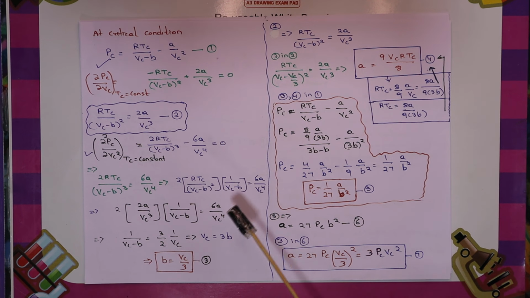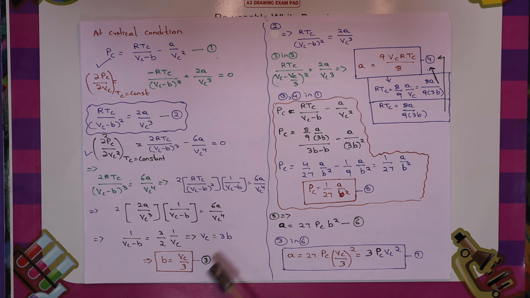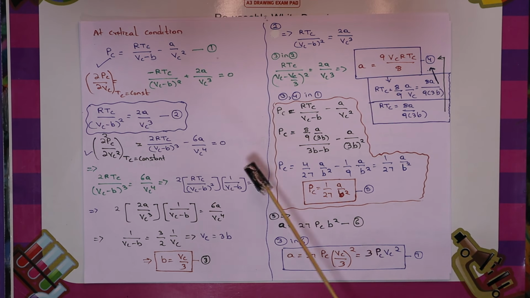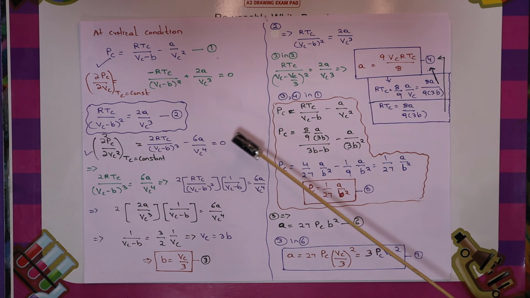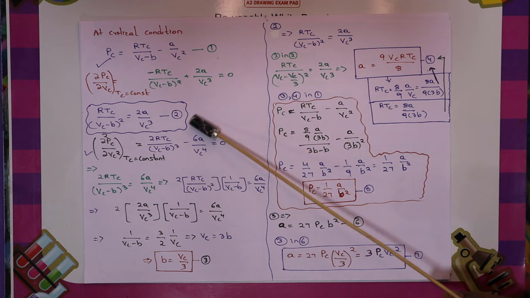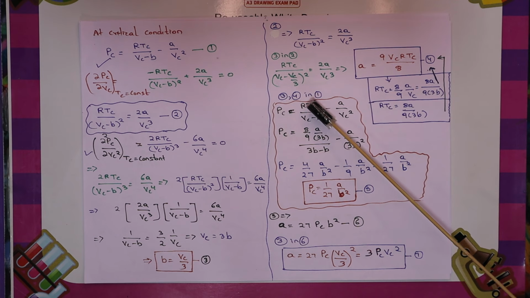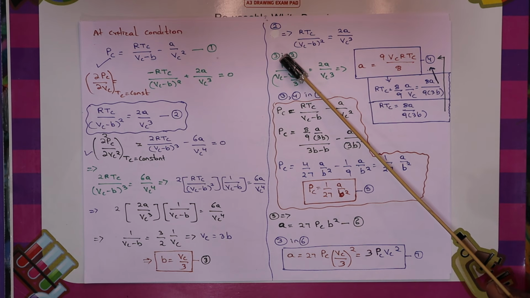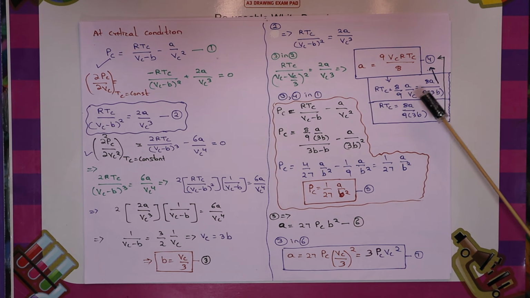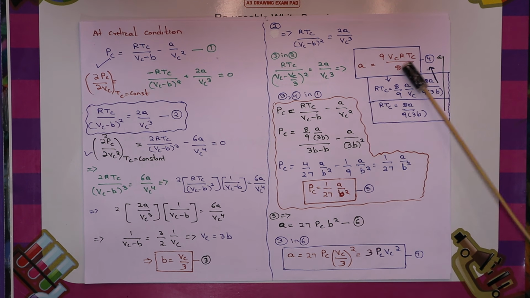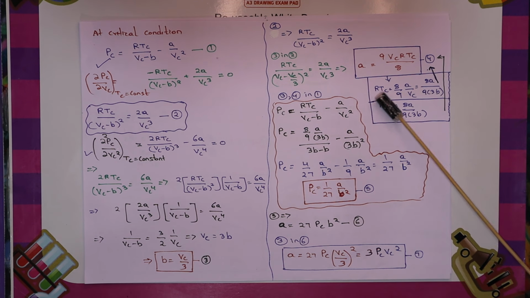Using these conditions, if you do the mathematical operations, you get Vc equal to 3 times b. Therefore, b equals Vc by 3. You get one relationship. Similarly, because every step is clearly mentioned here, from equation 2 you got information about this, and from equations 3 and 4 in 1, you are going to land up at different expressions.